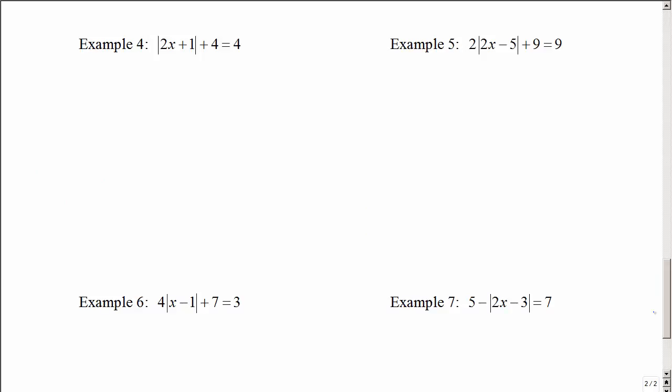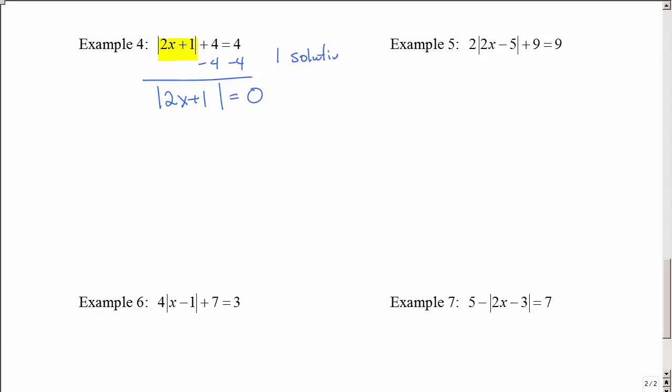Let's look at these next examples. The absolute value is not by itself. That's what that means, to isolate that. So what do I need to do to get rid of that plus 4? I need to subtract 4. This equals 0. If you go back to your notes, if it's equal to 0, how many solutions are we going to have?